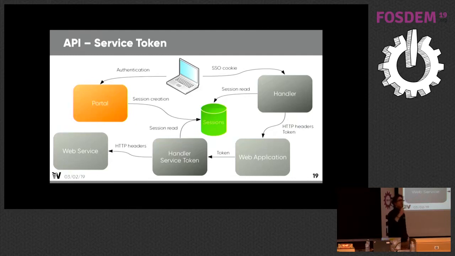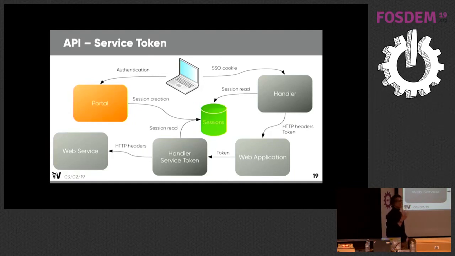This token will be sent to the web application, and the web application is able to send a request to the web service with this token. This token is linked to the user session, so the service token handler will be able to find which user is requesting the web services.